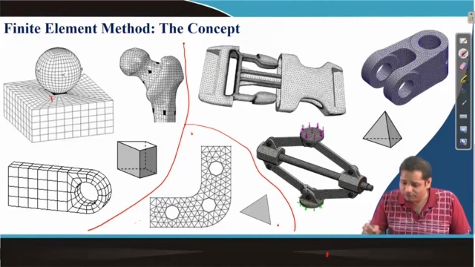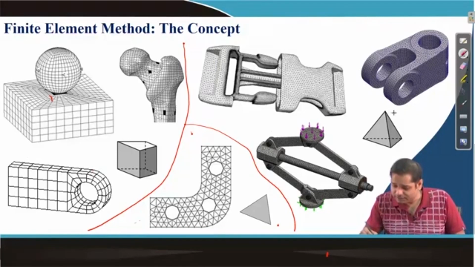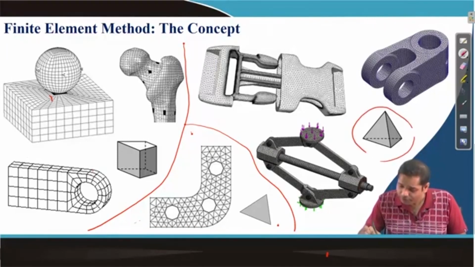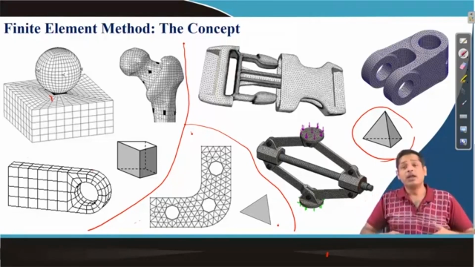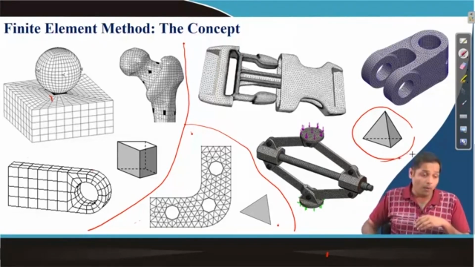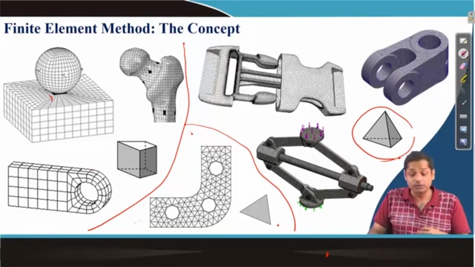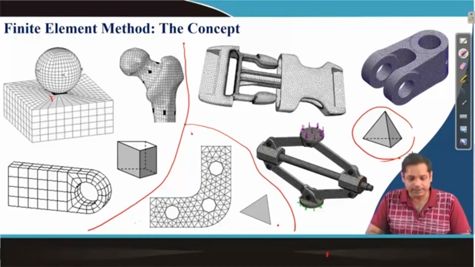So these are all discretized using the tetrahedron element. But this is not all in all. It depends on which problem you use and what elements are to be used. That is also an important aspect of the finite element method, and those aspects we'll discuss in subsequent lectures.